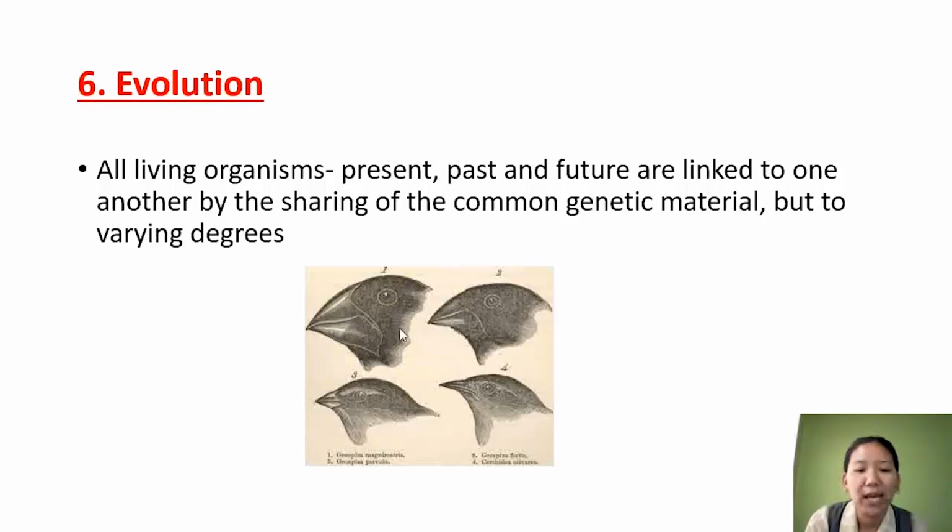These are different because of the varying degree of genetic material. Even though they share a major part of their genetic material, there is a variation, and that variation is in such a way that they are able to adapt to the given environment. Here it is about their food habit. So this evolution again is a defining property of living.